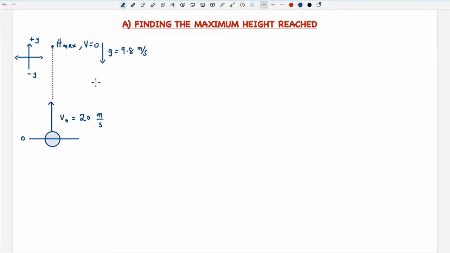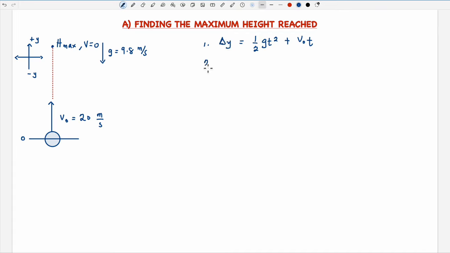So with this, we can go back to the kinematics equations of motion. The first is delta y, the vertical displacement, equal to 1/2 g t squared plus v0y, the initial vertical velocity, which in this case we call v0, times t, the amount of time it will take this object to travel this displacement.